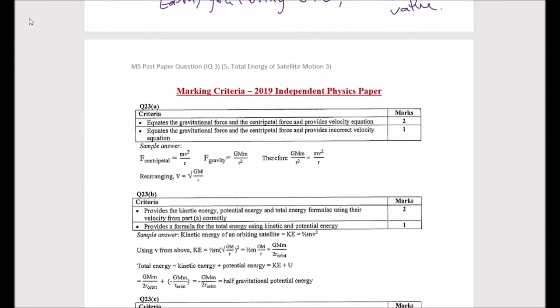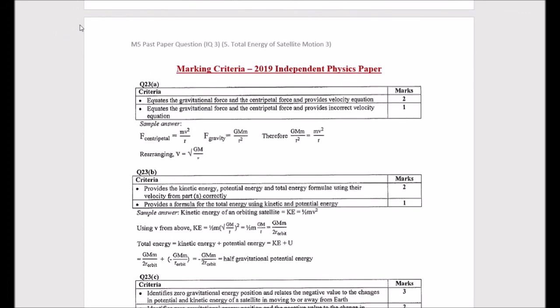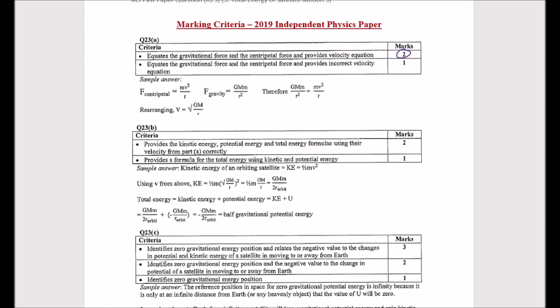Just a quick note, if we have a look at the marking criteria, it says 2 marks if you equate the gravitational force and centripetal force to provide the velocity equation, so we got that there. It also provides the kinetic energy, potential energy, and total energy formulae using the velocity from part A correctly, so that's fine.